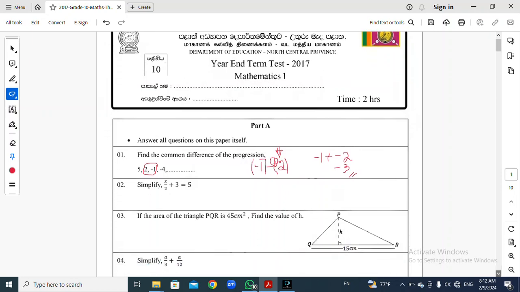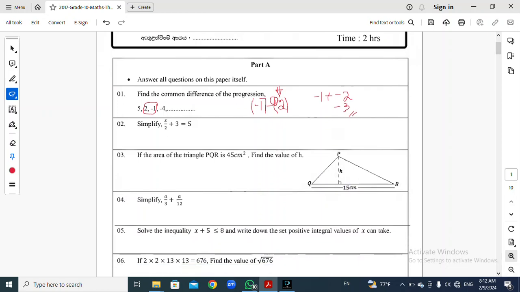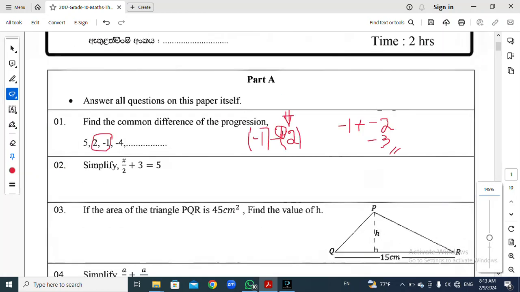Second one, simplify. Here there are two operations: this operation is division and this operation is addition. We have to do the addition or subtraction first. So here addition 3, so I have to subtract 3 on both sides. That is the axiom's idea.